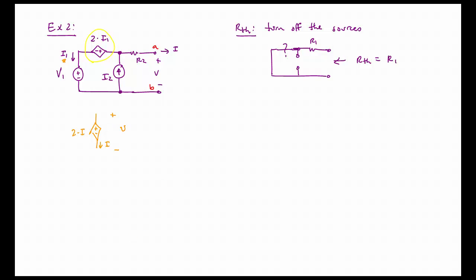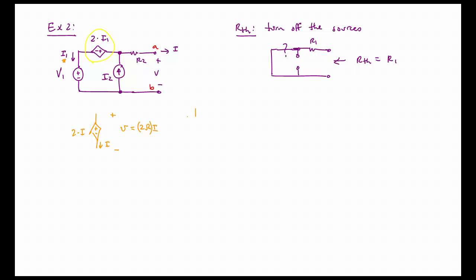Okay, the voltage across it now is going to be equal to, according to this voltage source, 2 times the current flowing through it. So this 2 has to have units of what? 2 ohms, right? Because I'm getting a voltage from a current.